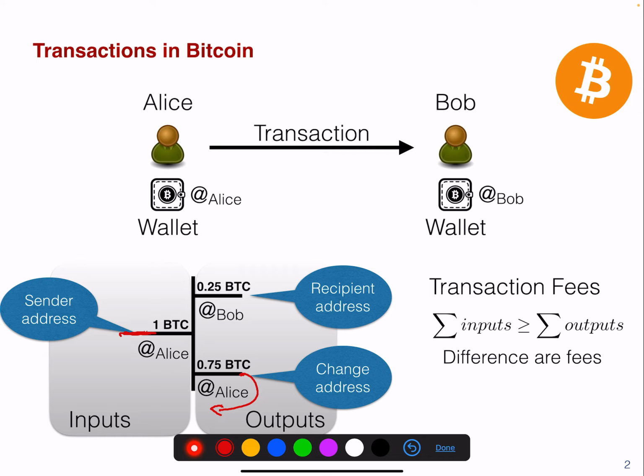And if you want to pay transaction fees, I mentioned earlier that the sum of the outputs must be smaller or equal to the sum of the inputs. If the sum of the outputs is smaller than the inputs, then the difference is the amount of transaction fees that is paid to those entities that validate that transaction.